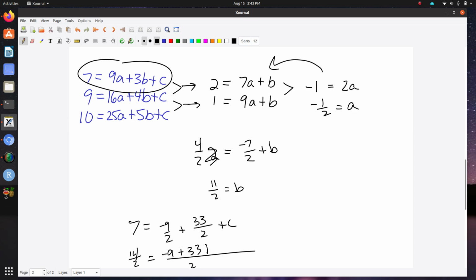Plus 33 plus c, get rid of the 2's, and then you have 14 plus 9 minus 33 is equal to c. How annoying. I don't really want to do this, but I will. For you guys, I will. I don't really like arithmetic. It looks like negative 10 is c.